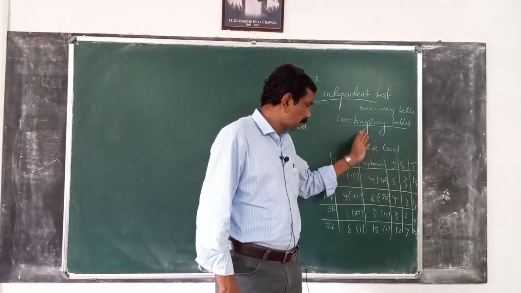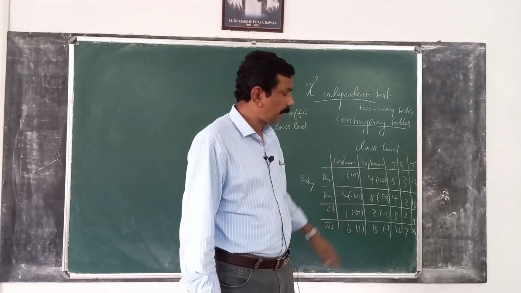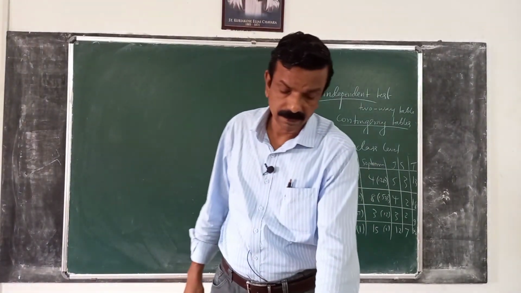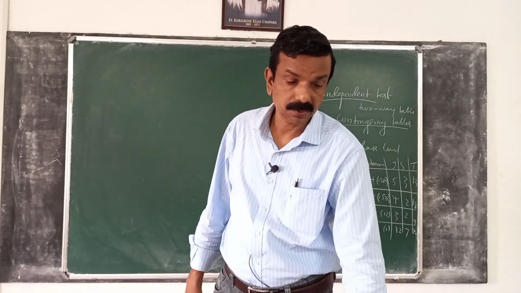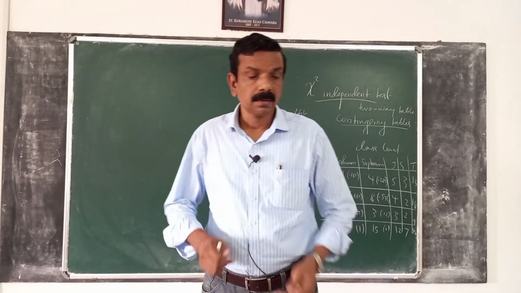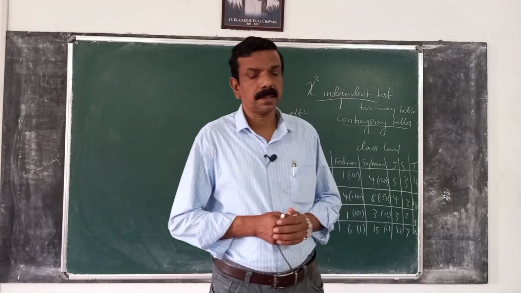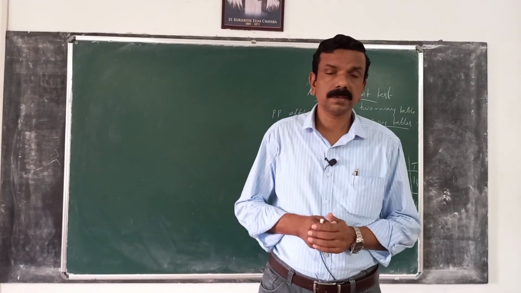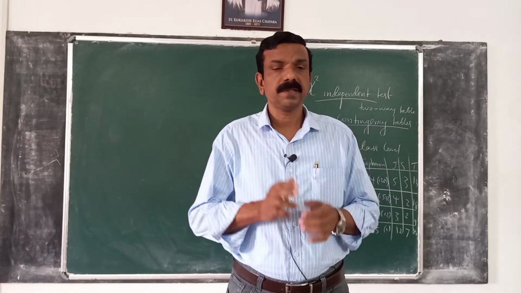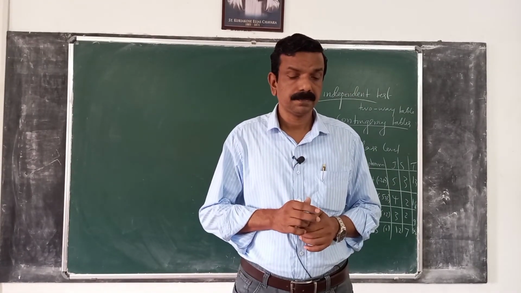So this is the contingency table, and this is the idea of association. This table shows that there is an association between the variables political party affiliation and class level.